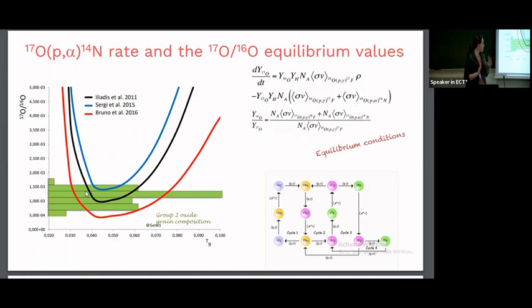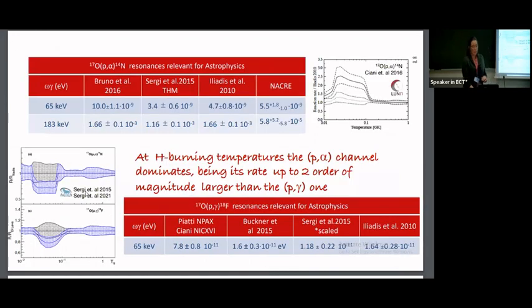But as you can see, it can become more difficult or easier to match the grain abundances according to the nuclear physics input we use in our calculation. And looking at the oxygen 17 plus proton, the most important resonance that affects the rate in the range of temperature of our interest is the one at 65 keV.